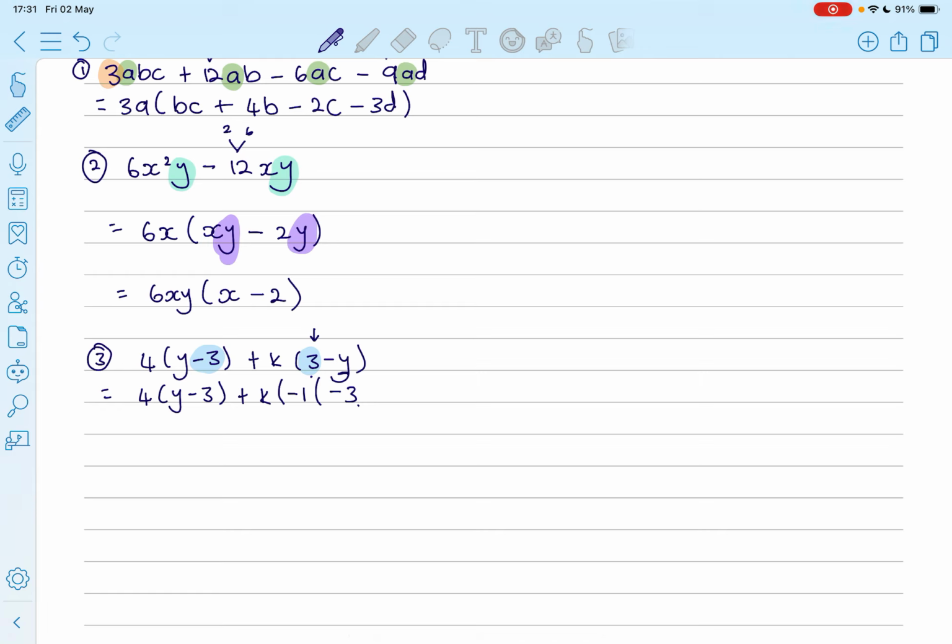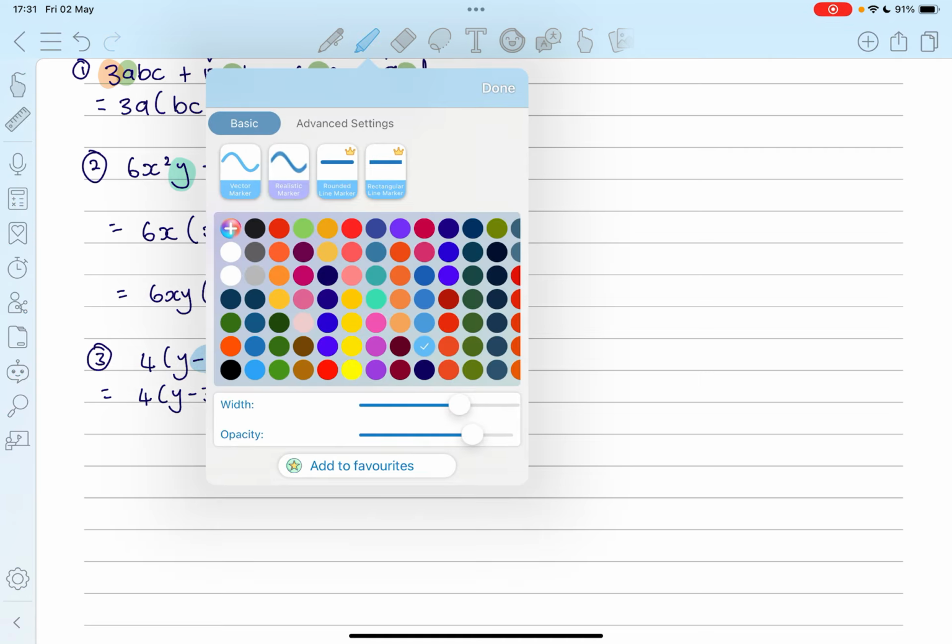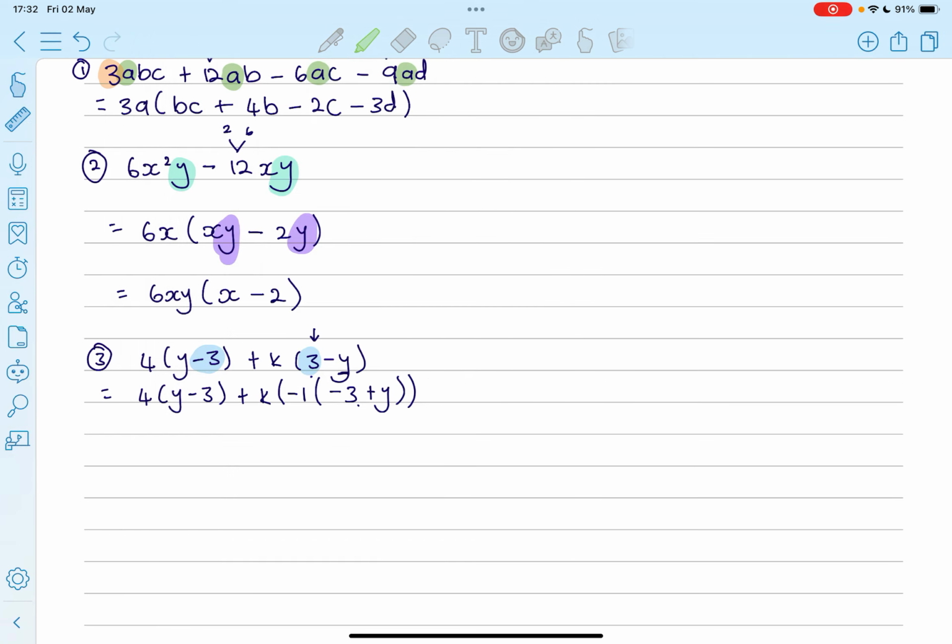And then -y divided by -1 gives you +1. So here we now have a +1 and we close our bracket. Alright, so now we see that it's looking very similar to that other bracket we have over here.